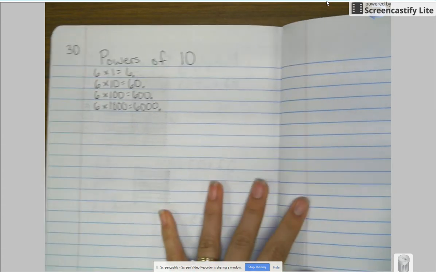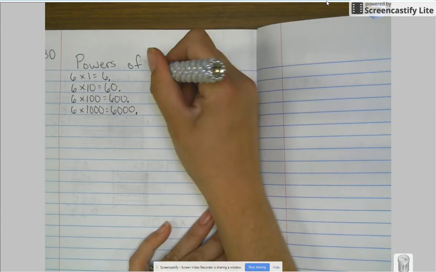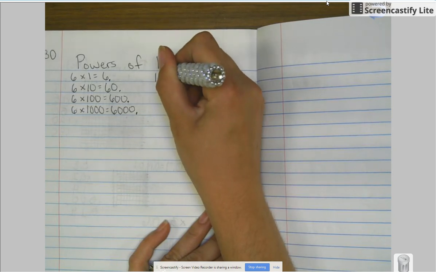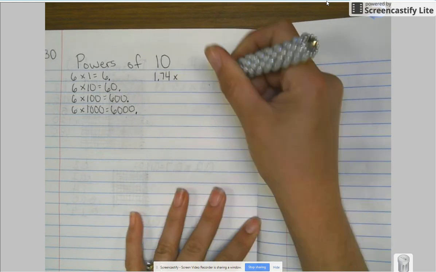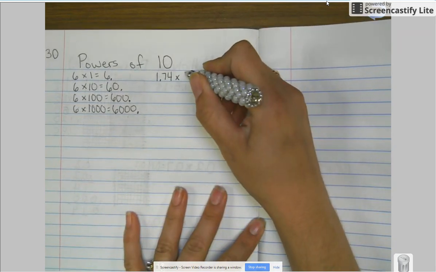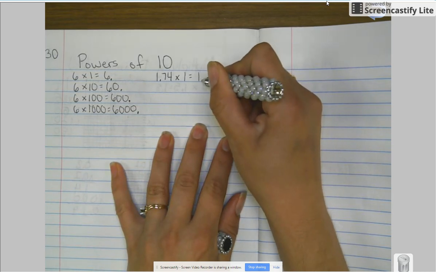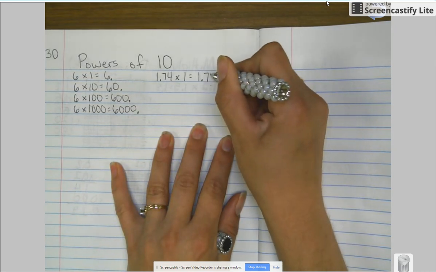So then what do you think happens when you take something like this? Say 1.74 and you times it by 10. Or let's do times by 1. What happens? It stays exactly the same. The decimal is in the exact same place.